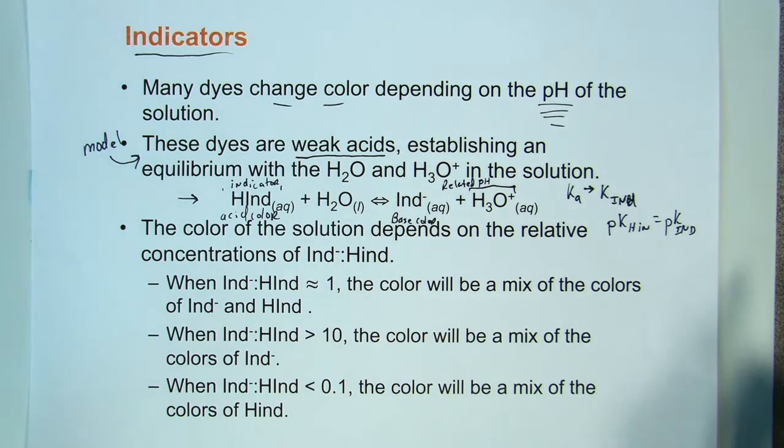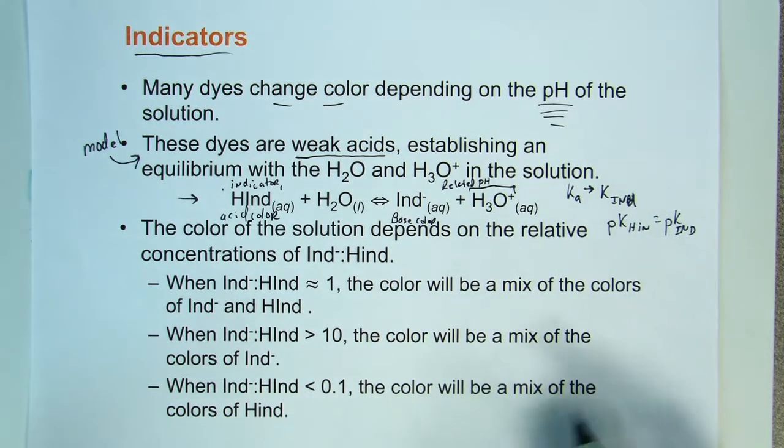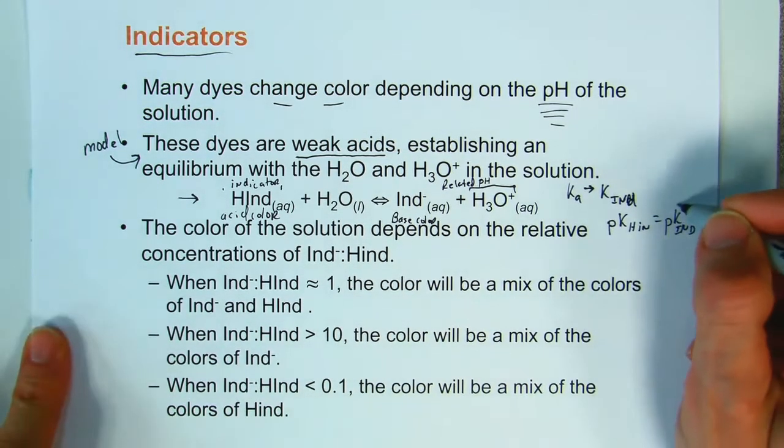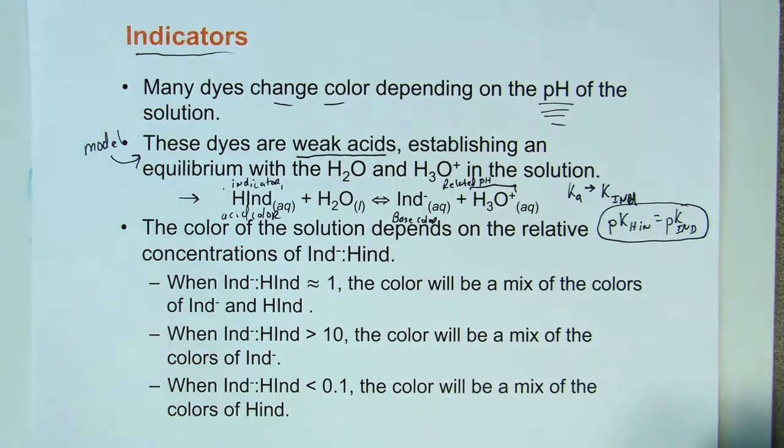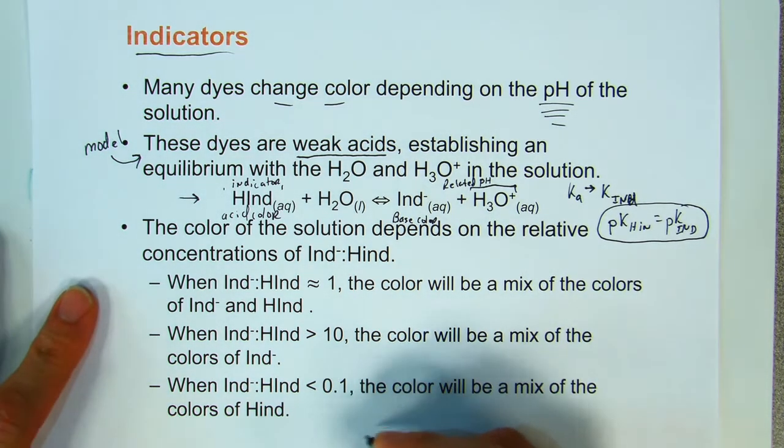Now, I'm not being very quantitative in terms of what pH is key and crucial for going one way or the other, am I? I'm just referring to very low pH, very high pH. Okay. Well, it turns out that the pKHIn for the indicator is super, super important.